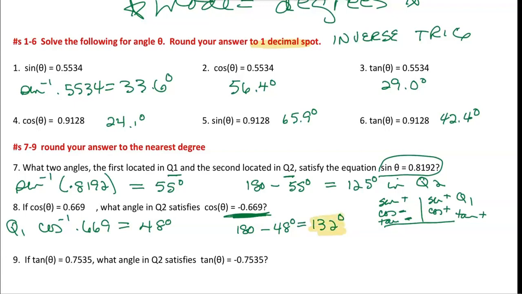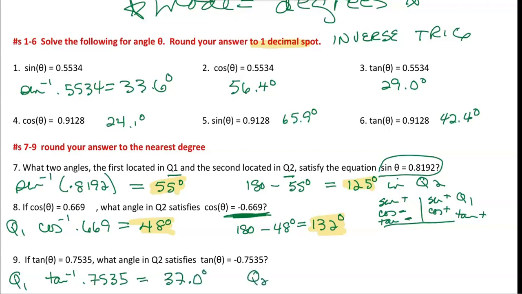So this is the quadrant 2 angle, this is the quadrant 1. Quadrant 1, quadrant 2. Do the same thing for tan. Your quadrant 1 angle you get by saying tan inverse of 0.7535, that's inverse tan, and you should get an angle of 37.0 degrees.